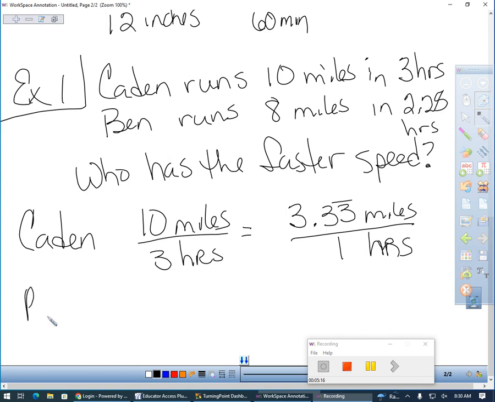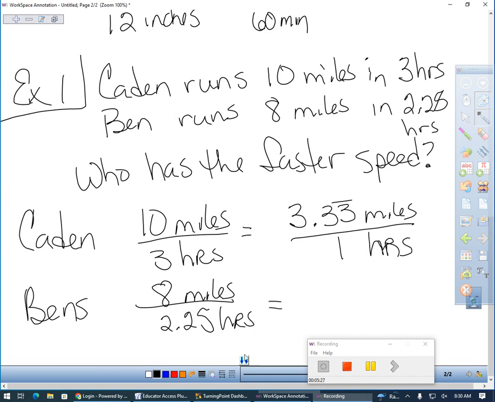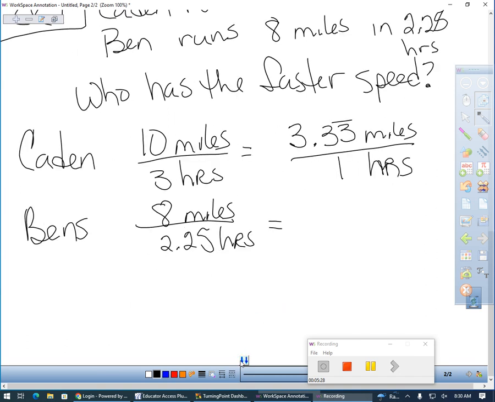Now we're going to do Ben's. And again, Ben's is 8 miles in 2.25 hours. Go ahead and divide that one. Good. Okay. Miles in 1 hour. All right.